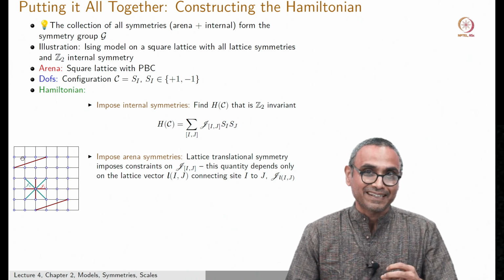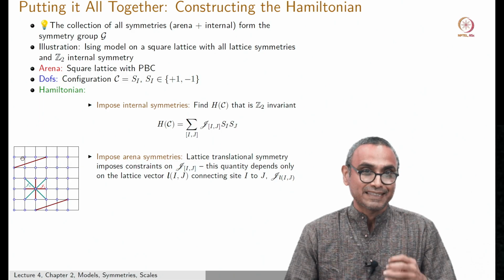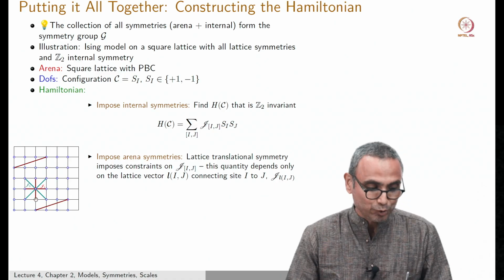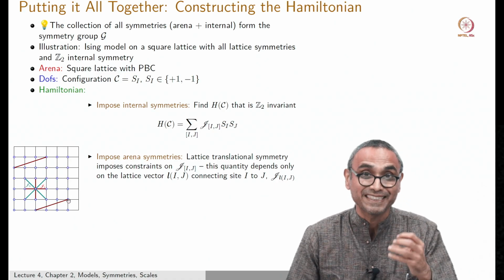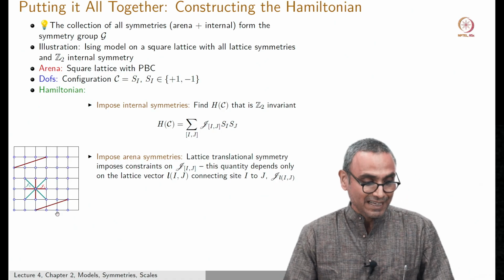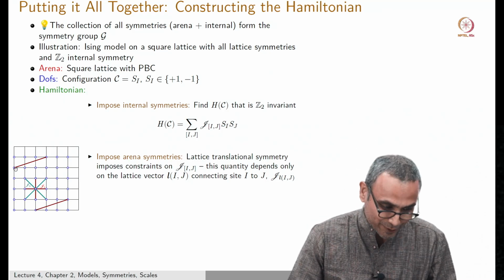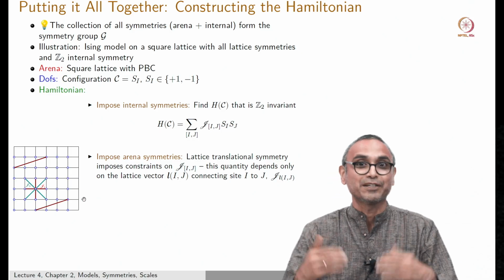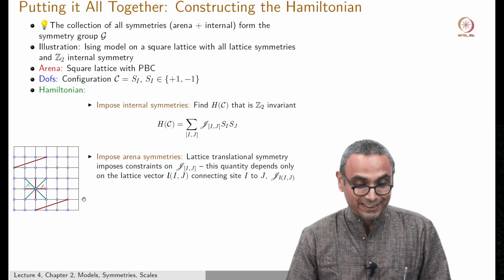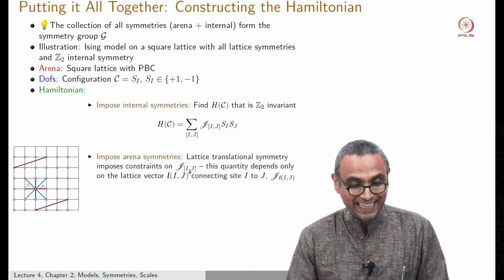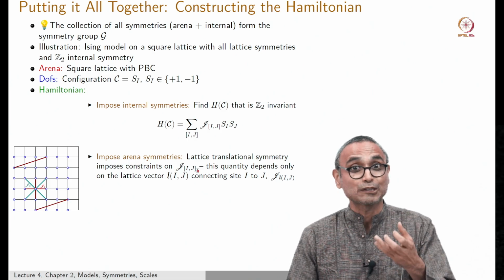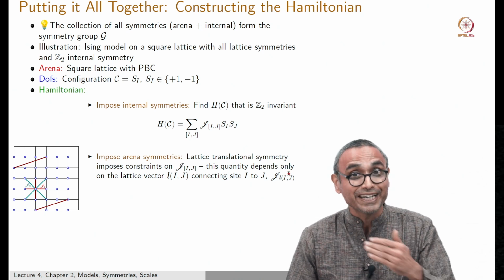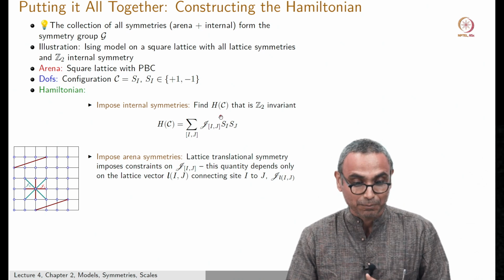So the claim is that if there is translational symmetry in the system, the exchange couplings connecting these 2 sites and these 2 sites have to be the same, because I can translate this site to that site, and then the J corresponding to this will move to that, and they have to be equal. So the symmetry imposes a constraint that this J between pairs of sites depends only on the lattice vector connecting the sites. This is a very, very strong constraint on the exchange coupling constants that we have.